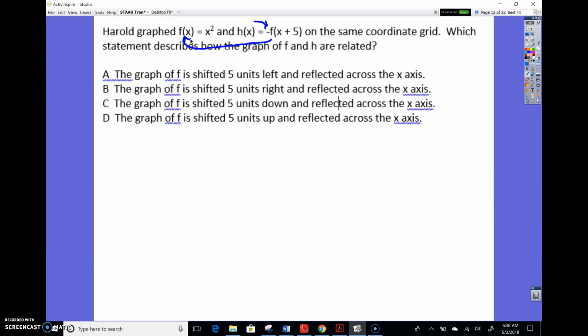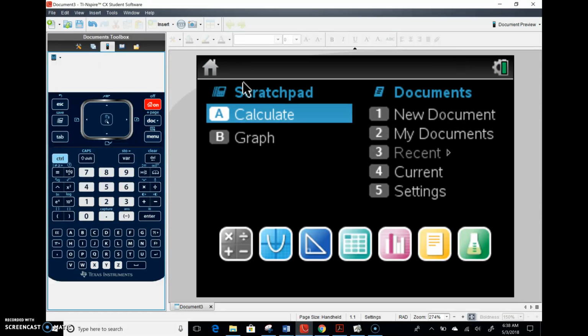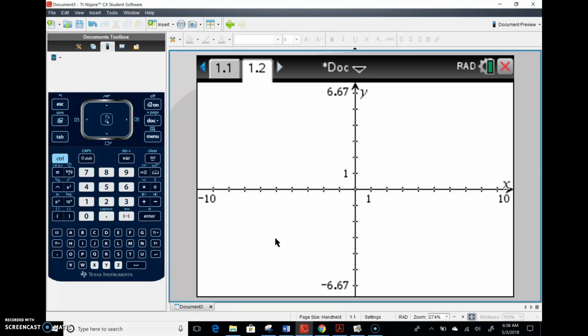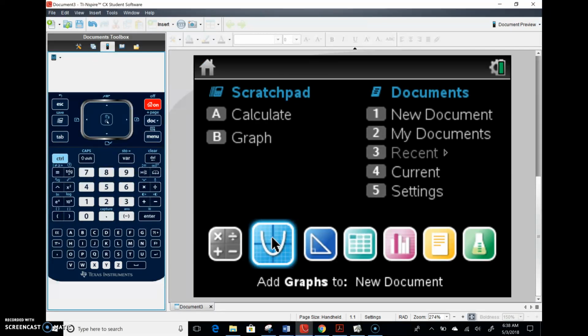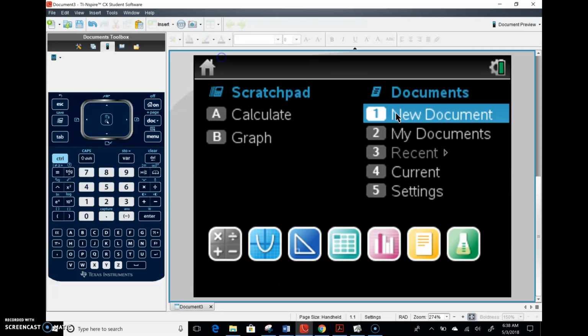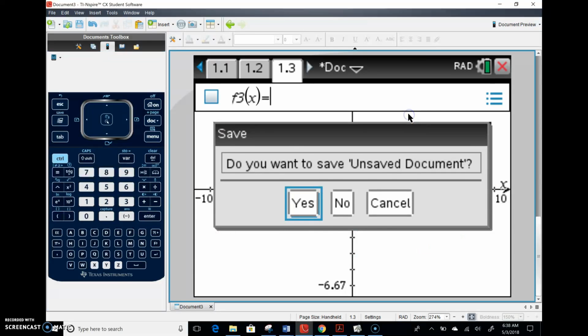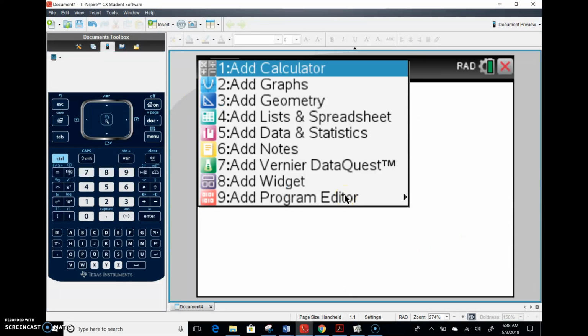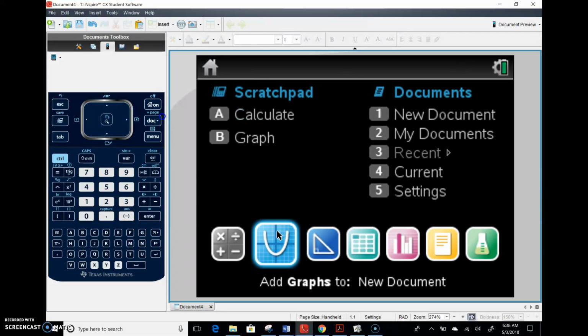This is a different way to graph, so I'm going to start a new graph here. Let's start with a new document altogether. I don't want to save anything. I'm going to add a graph.